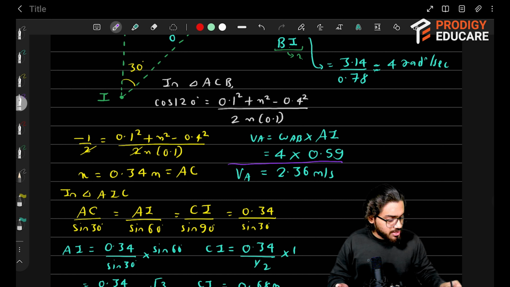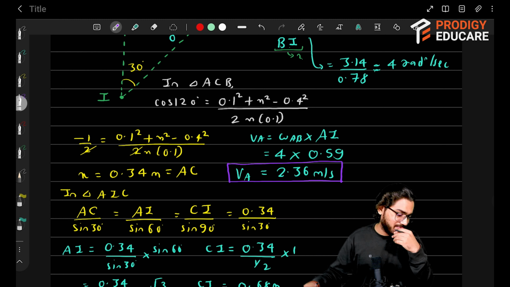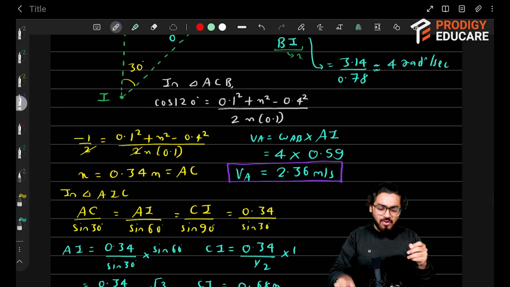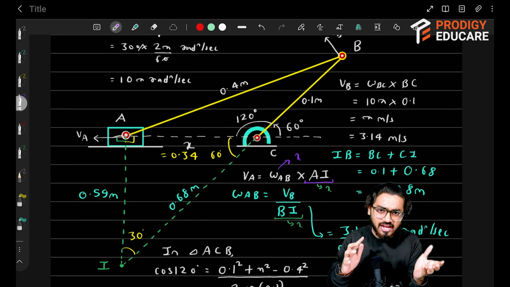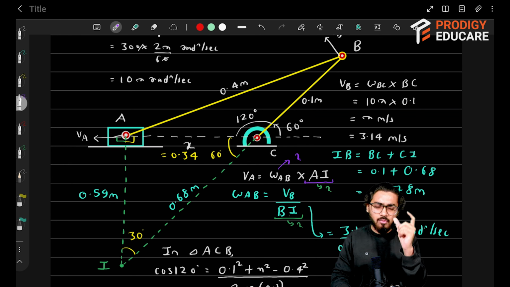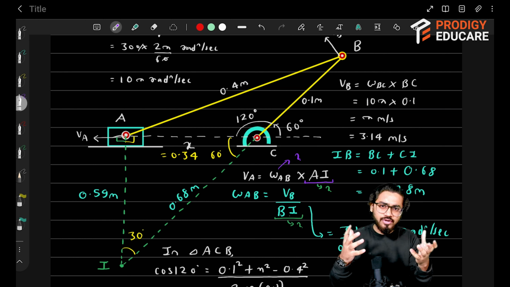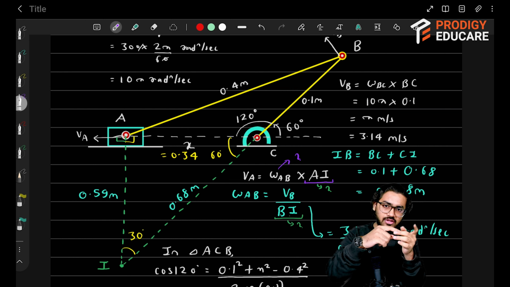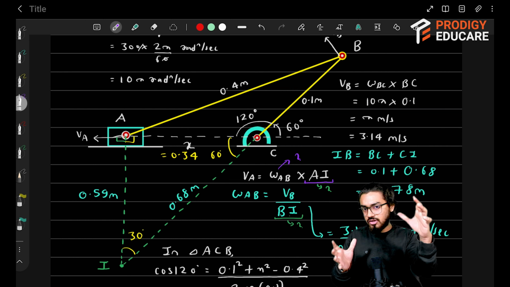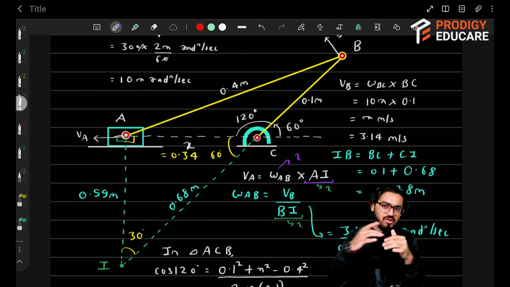So for a big question, to evaluate this parameter we needed to do all this hustle. From this, you must have realized that the concept of ICR is easy. When we know the velocity of one point, using that we evaluate the angular velocity of that rigid body, and using the angular velocity of that rigid body, we evaluate whichever velocity we need.